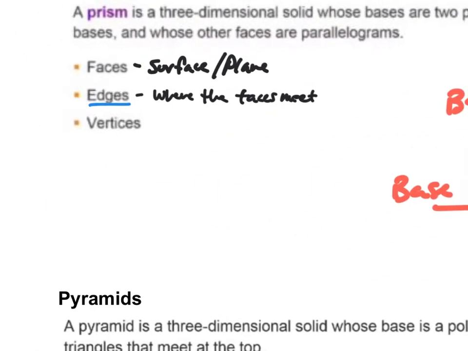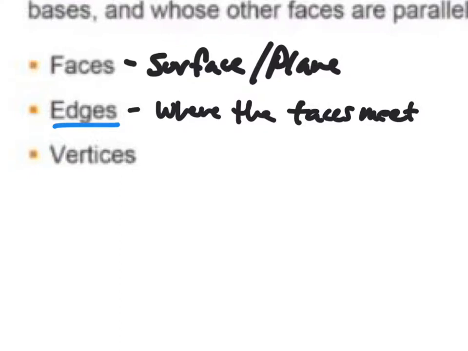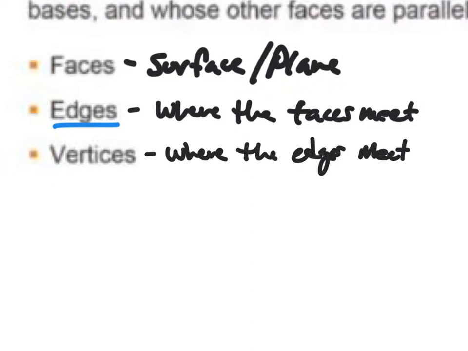And then we have vertices. A vertice is where the edges meet. So a vertice is where the edges meet, and I'm going to color those in orange.